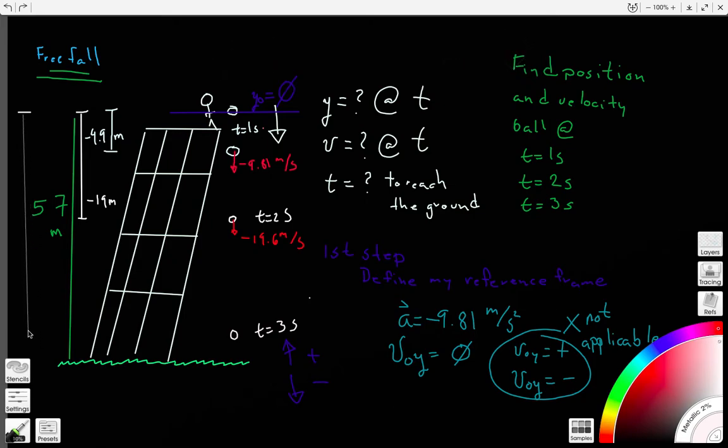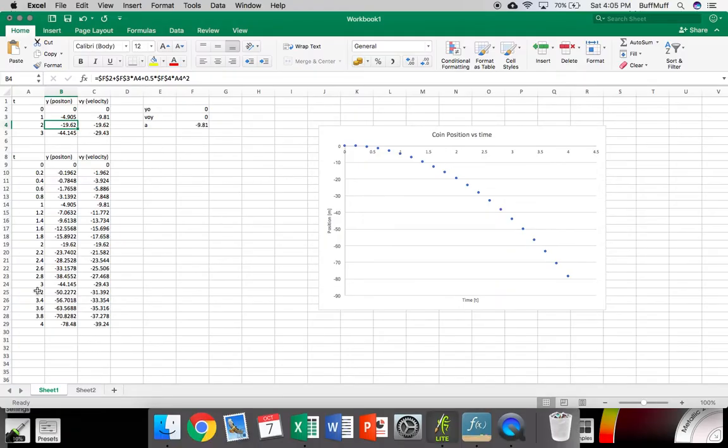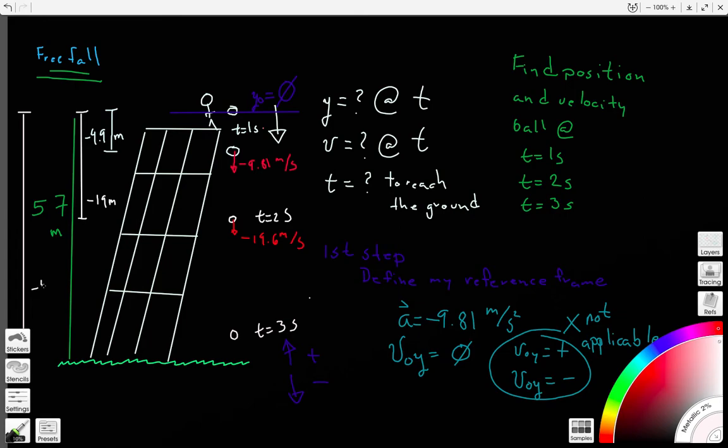So right here I am at negative, what was the number? I forgot. Negative 44. Okay, so the distance from this ball to my original position is negative 44 meters. You see, I have already traveled 44 of the 57 meters, right? So at 3 seconds, my ball hasn't hit the ground yet, but it's getting pretty close.